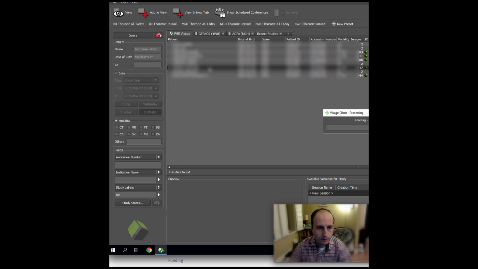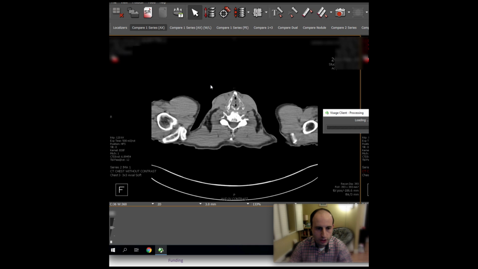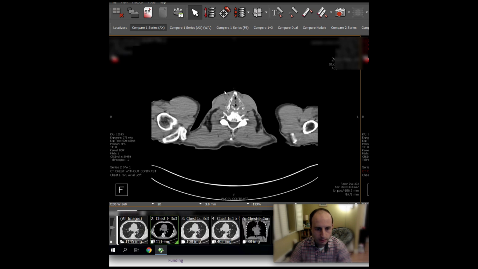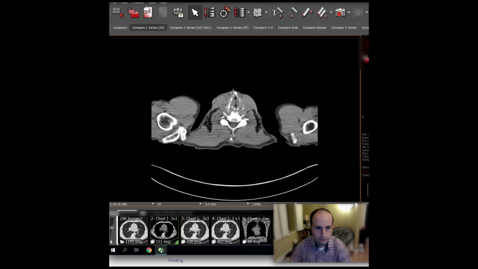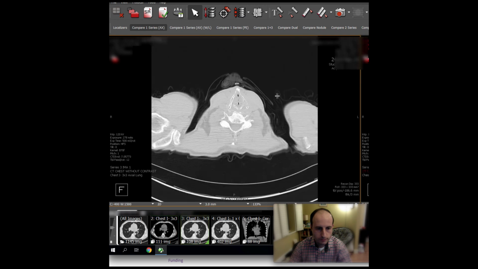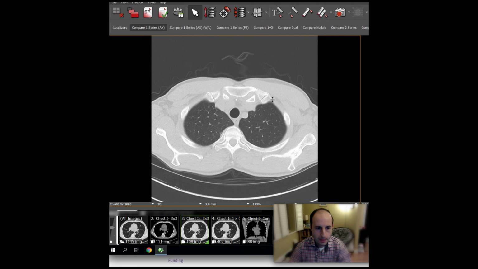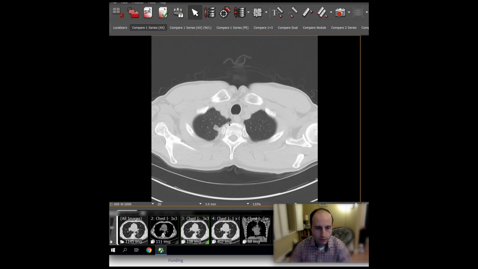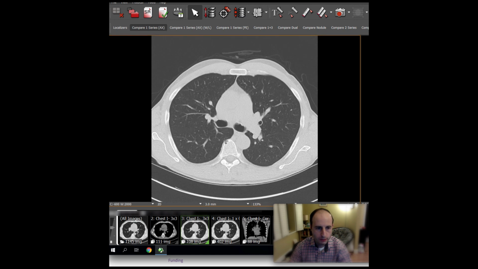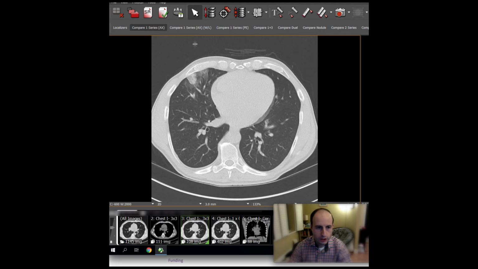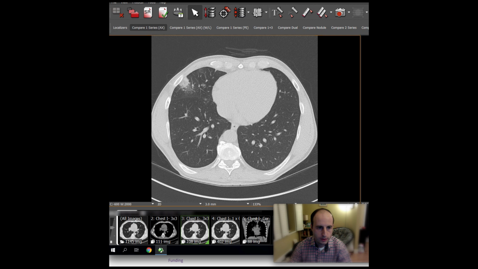Here's another case of a patient who presented with low-grade fever and chest pain after recent travel. You can see some peripheral ground glass opacity in the right upper lobe, and then we have some additional peripheral ground glass opacities in the right middle lobe.